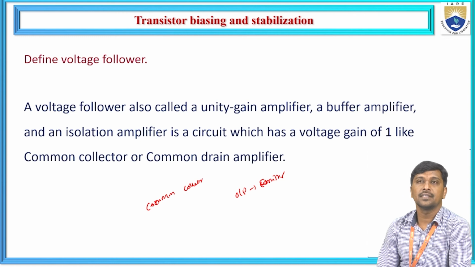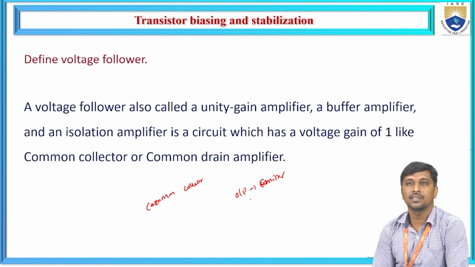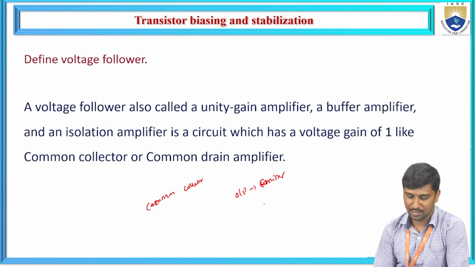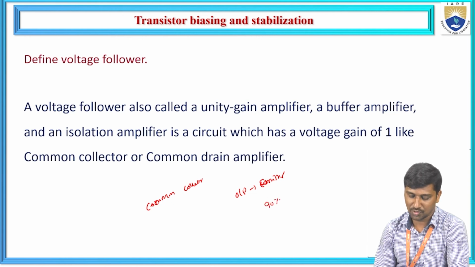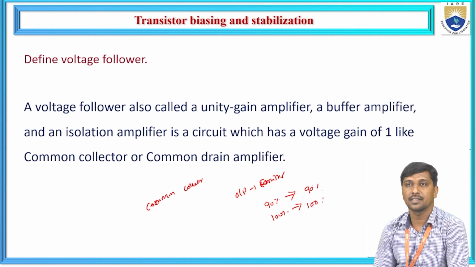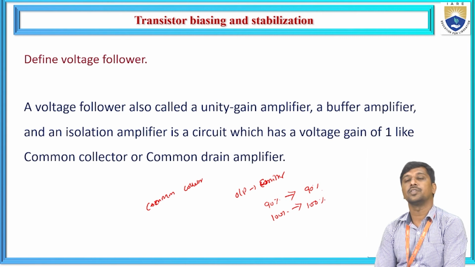Based on the transistor construction, we know that emitters always inject the charge carriers, and the output is also measured across the emitter end. If 90% of the charge carriers are emitted, then we are measuring this 90% of the charge carriers. If 100% of the charge carriers are emitted from the emitter and that is measured across the emitter end, we will get the 100%.